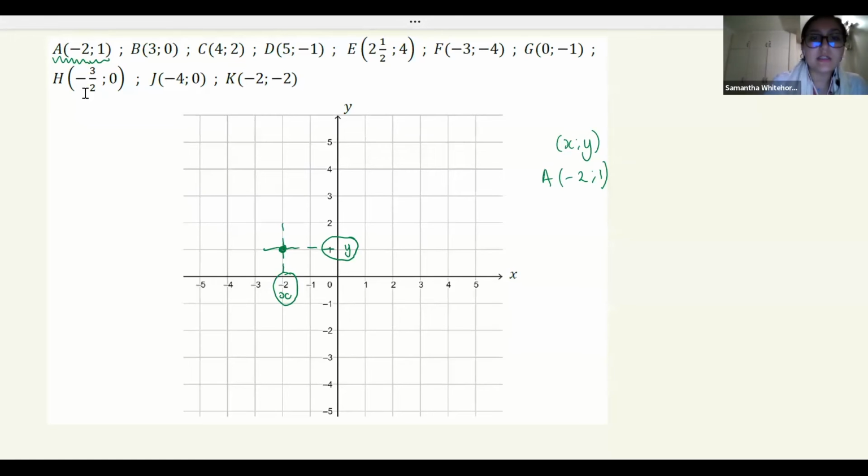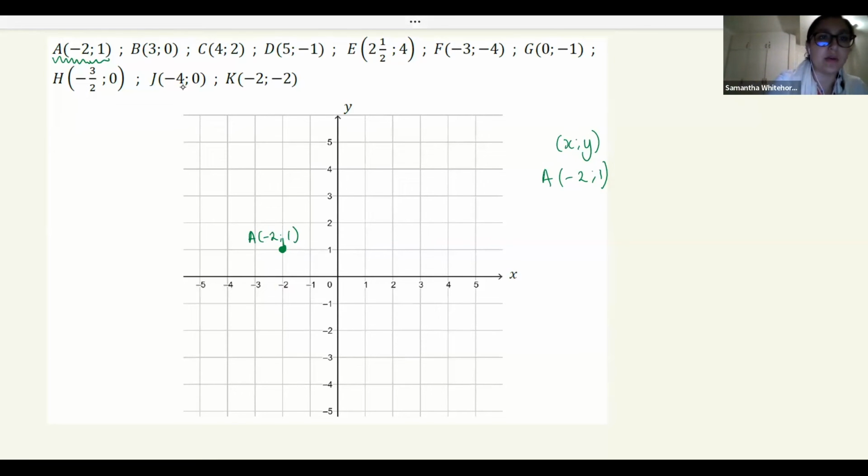Where we meet with our X and our Y, that is where we get our coordinates. So this is now the coordinate A, -2, 1. When we plot coordinates X, Y, where they meet, that is where we draw our point.